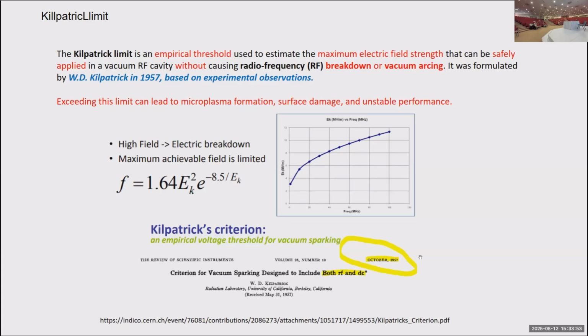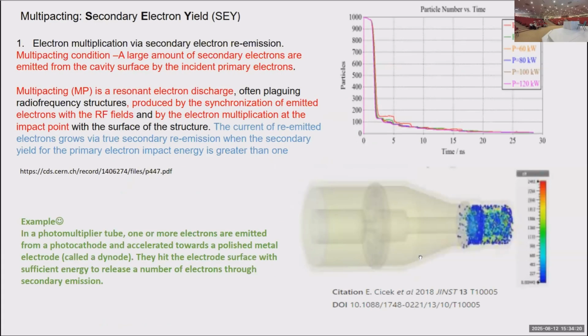You have to be careful about that. That's the frequency. It seems to be saturating, but not saturated in general. That's the Kilpatrick relation. Of course, there is some bravery factor: if you multiply the electric field by 1.2, that's called the bravery factor, but don't be sure about that one.